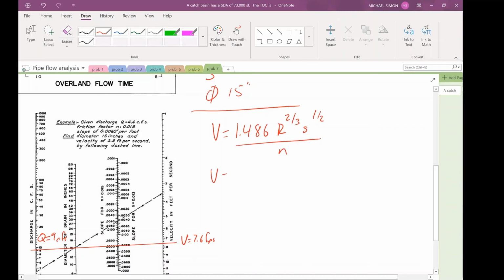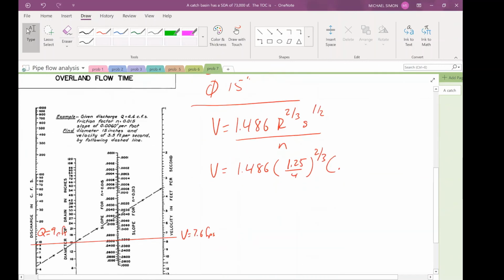So solving for velocity, 1.486 times 15 over 12, that will be 1.25 over 4 to the 2/3 times 0.020 to the 1/2 power over 0.013.